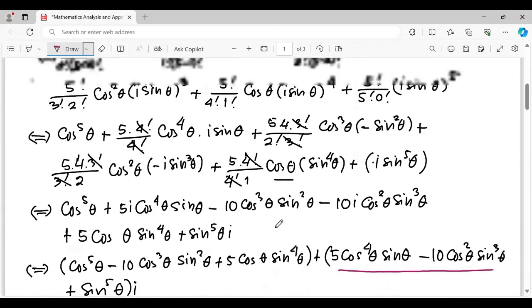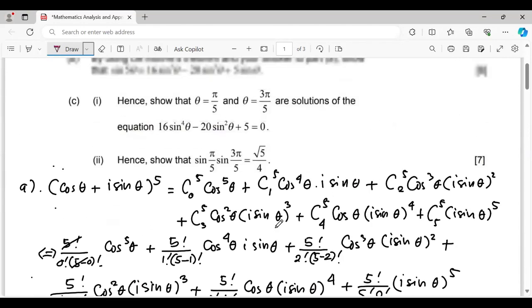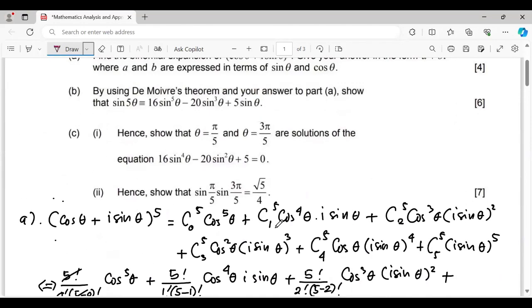Now, show that theta equals pi over 5 and theta equals 3 pi over 5 are solutions.